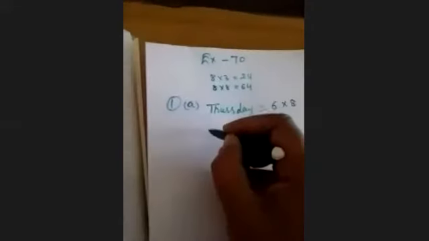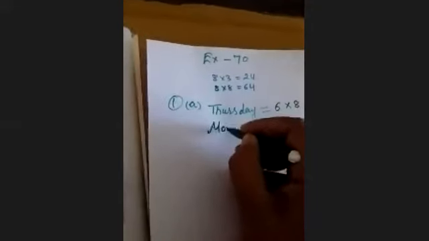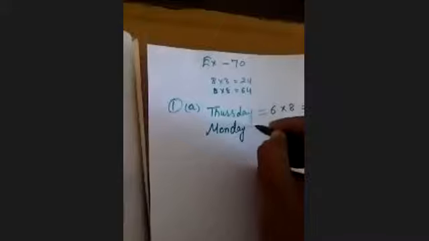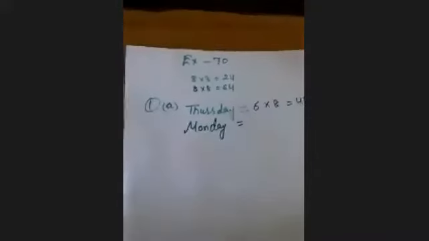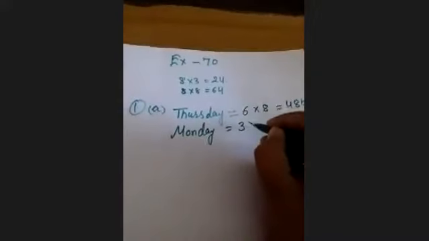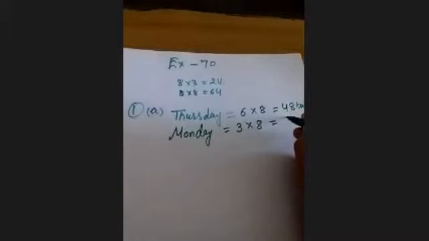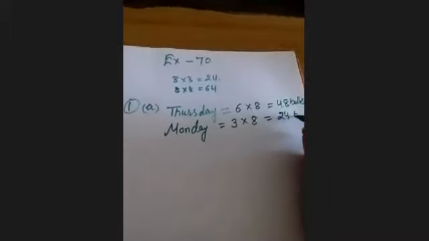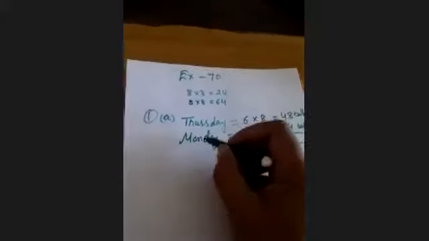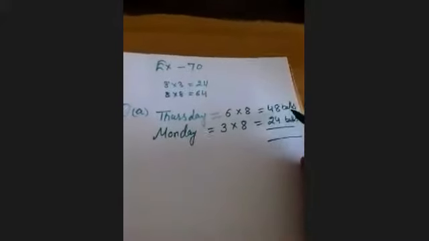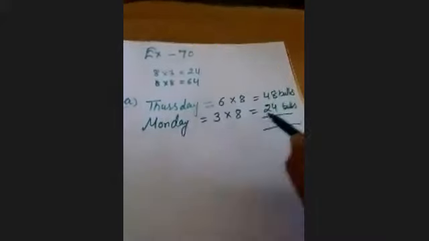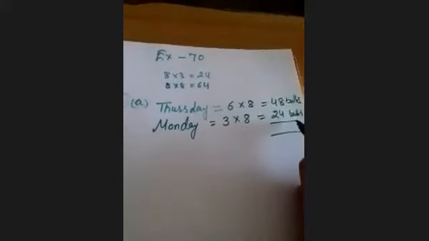And on Monday, we have 1, 2, 3. Only 3 pictures, which means 3 multiplied by 8 is 24 bulbs. Yes, friends. On Thursday, 48 bulbs were sold, and on Monday, 24 bulbs were sold.